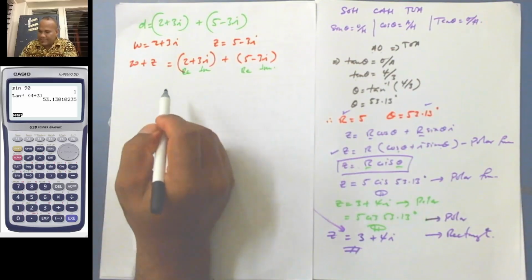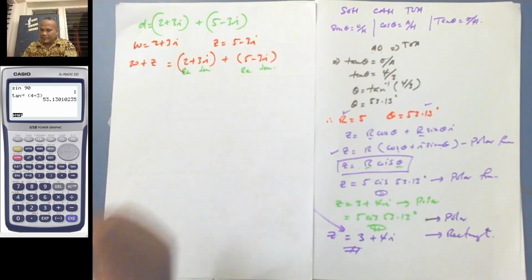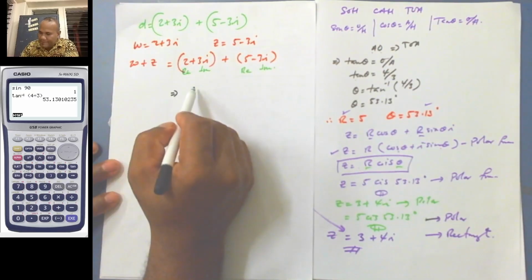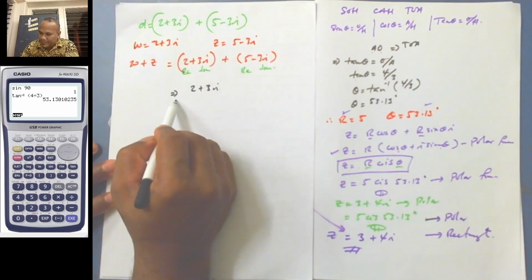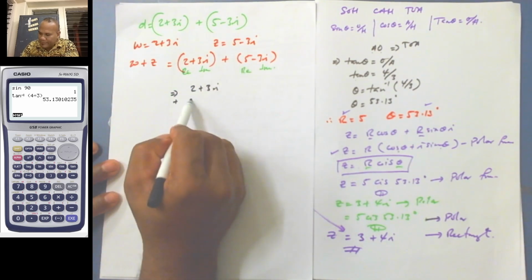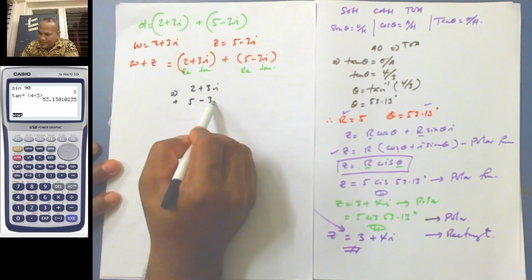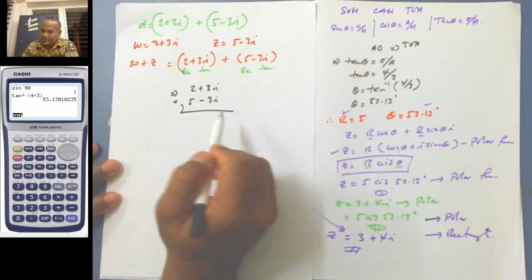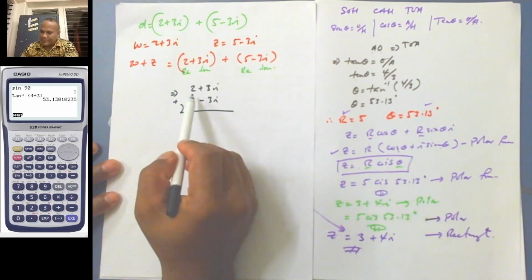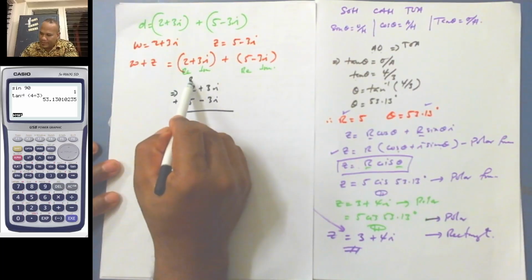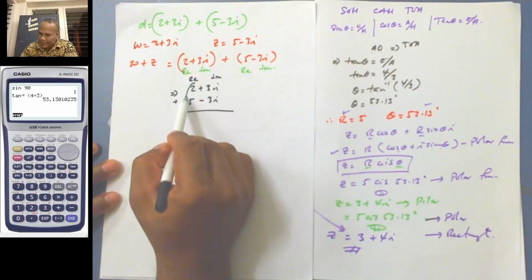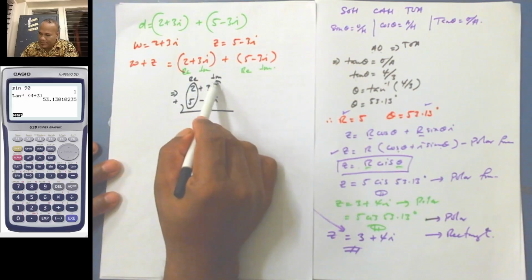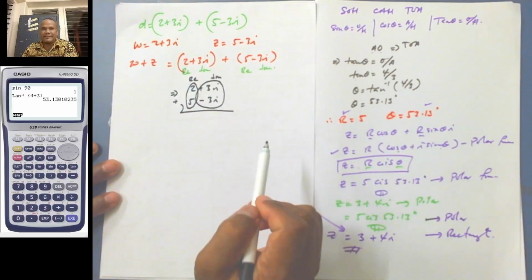In this case, we will add them like this: 2 plus 3i, plus 5 minus 3i. This is our real value and this is our imaginary. We only add real with real and imaginary with imaginary.